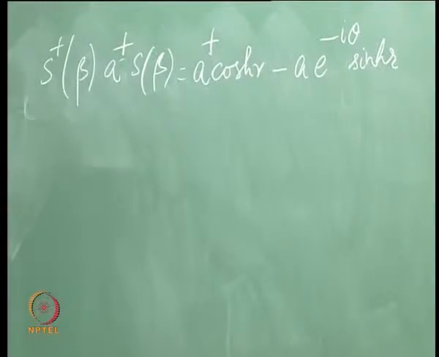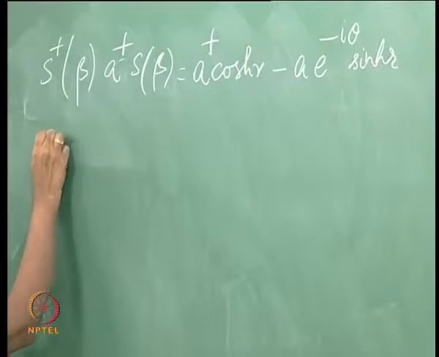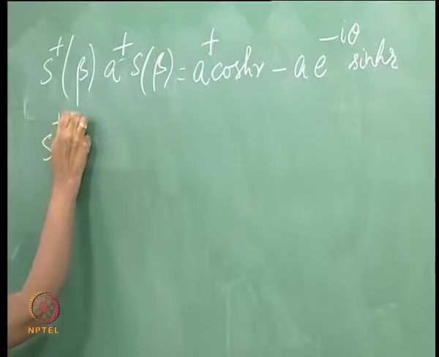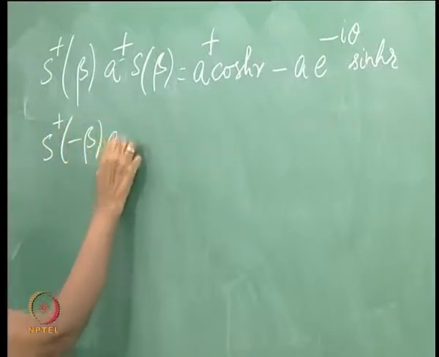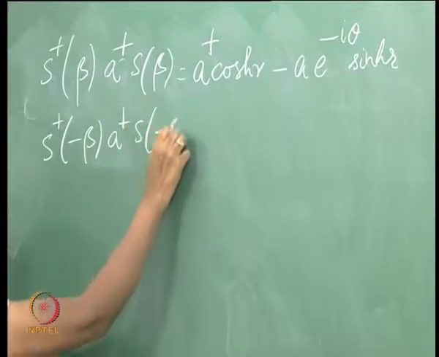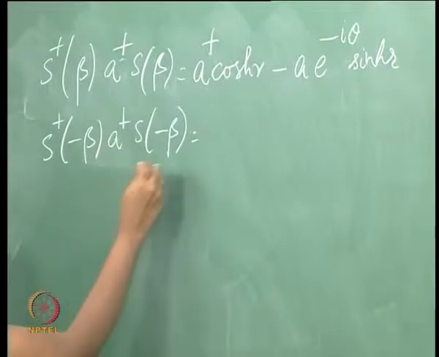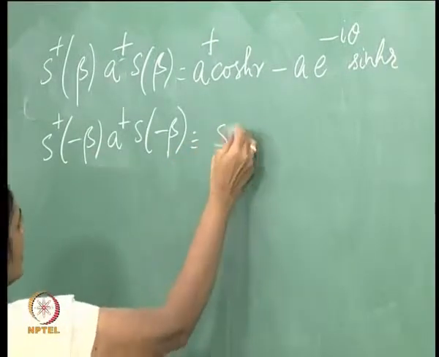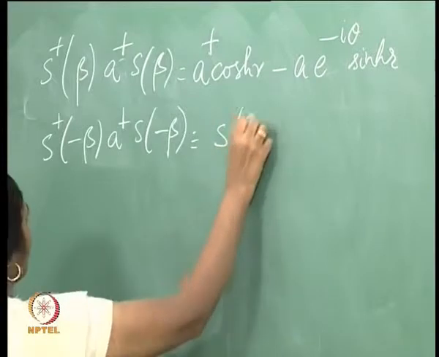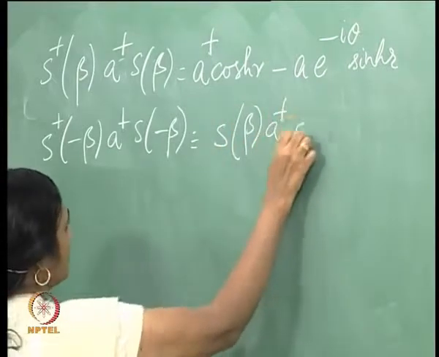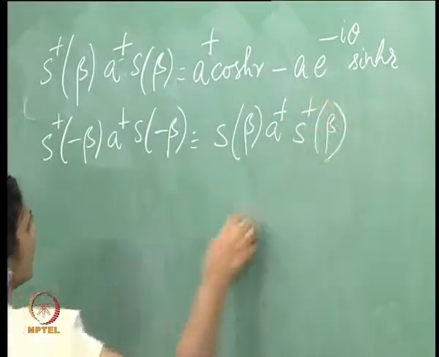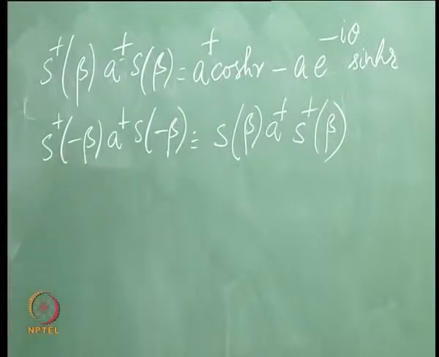Now, let us consider S dagger of minus beta A dagger S of minus beta. Simply means replace all betas by minus betas, but that would just be identical to S of beta A dagger S dagger of beta, because S dagger of minus beta is merely S of beta.